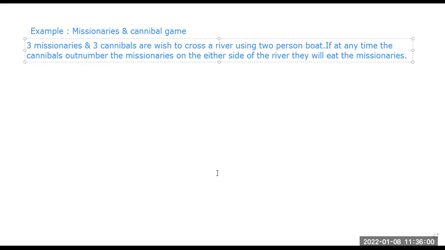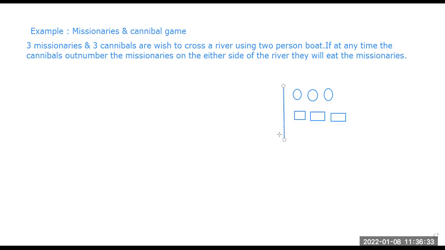Now if I draw the scenario, it looks something like this. Suppose there are three cannibals and three missionaries. They need to cross the river to the other side using a single boat.